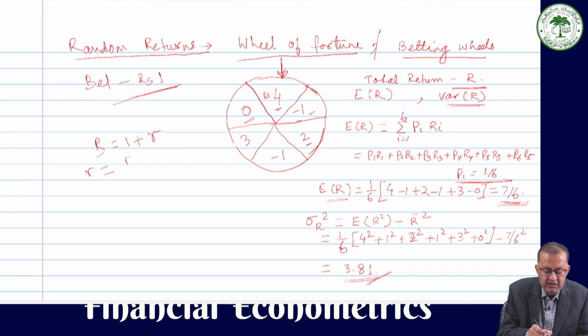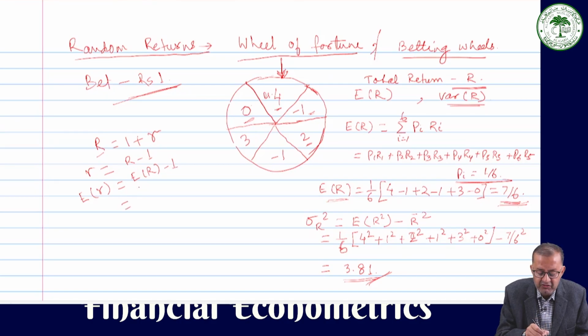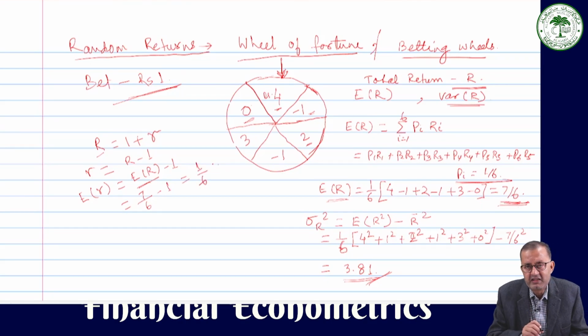The small r is equal to R minus 1. And what is the expected value of r? This is equal to expected value of R minus 1. We have already calculated 7 by 6 minus 1. So, this is equal to 1 by 6. This is expected value of r.